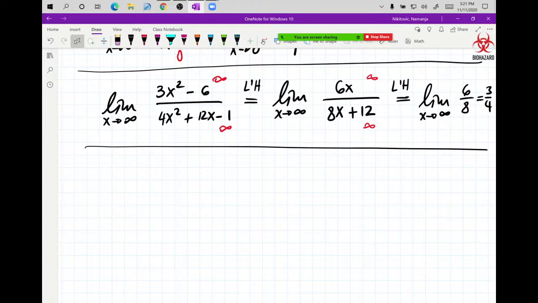So let's take a look at another example. I think I put this one on the exam at one point. It turned out to be a disaster, so I'm just going to use this one in class. So ln x minus 1 divided by x minus e.